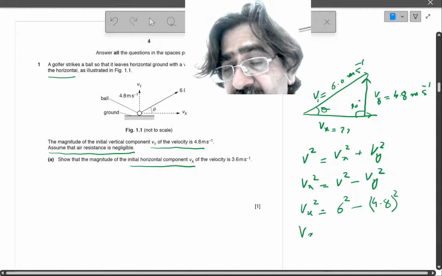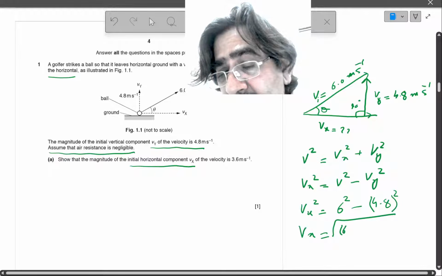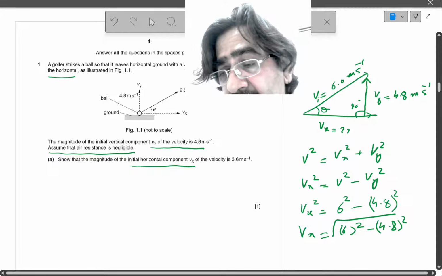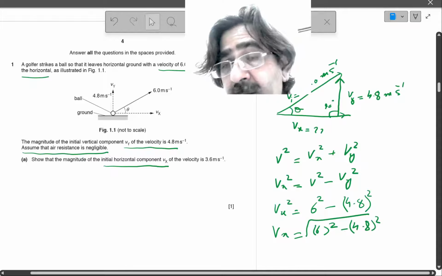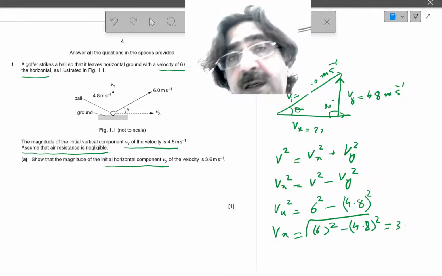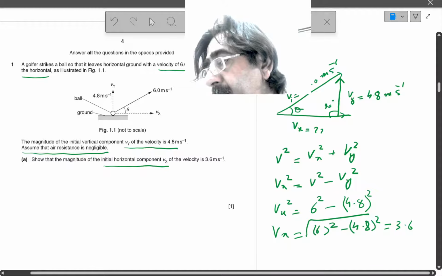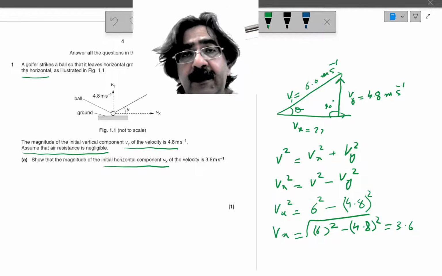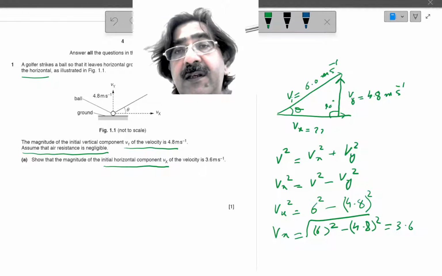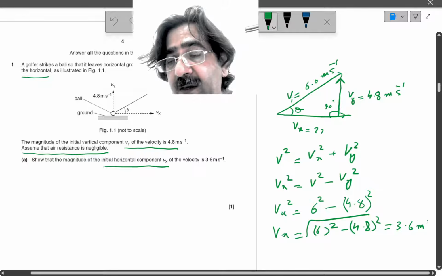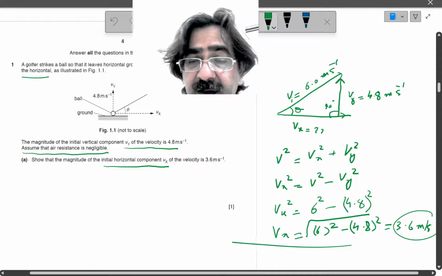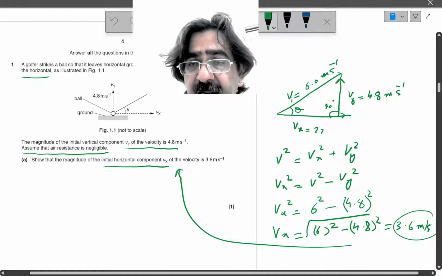By taking the square root on both sides, we will get the required result, that is 3.6 meters per second. This was the A part.